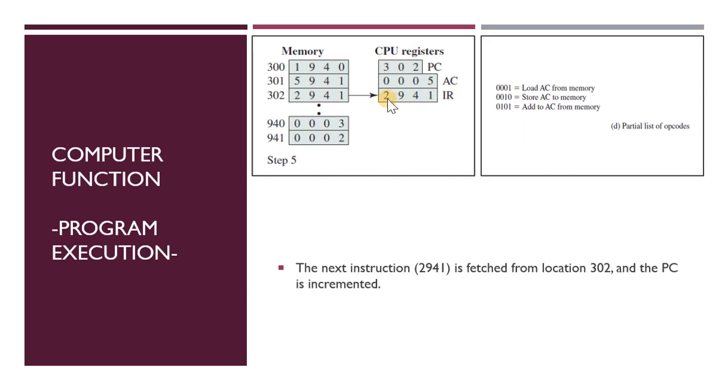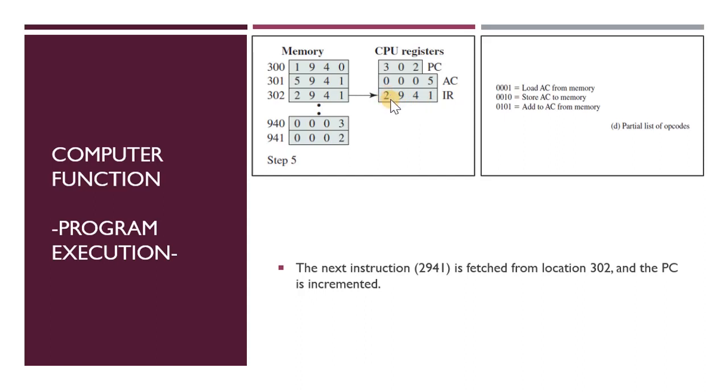And again, this instruction register contains the opcode, the operation code, and the address. So 2 is the instruction that needs to be carried out by the processor, and 941 is the address inside the memory. So what is the instruction?